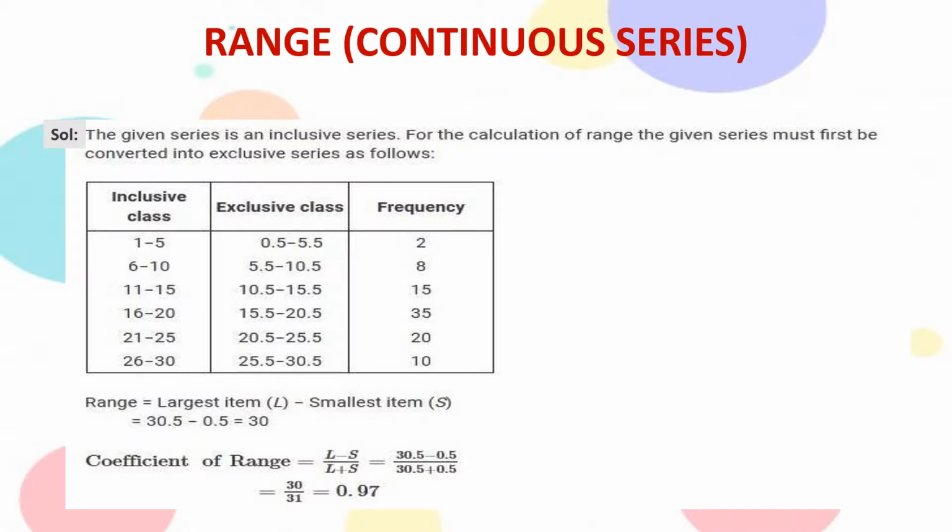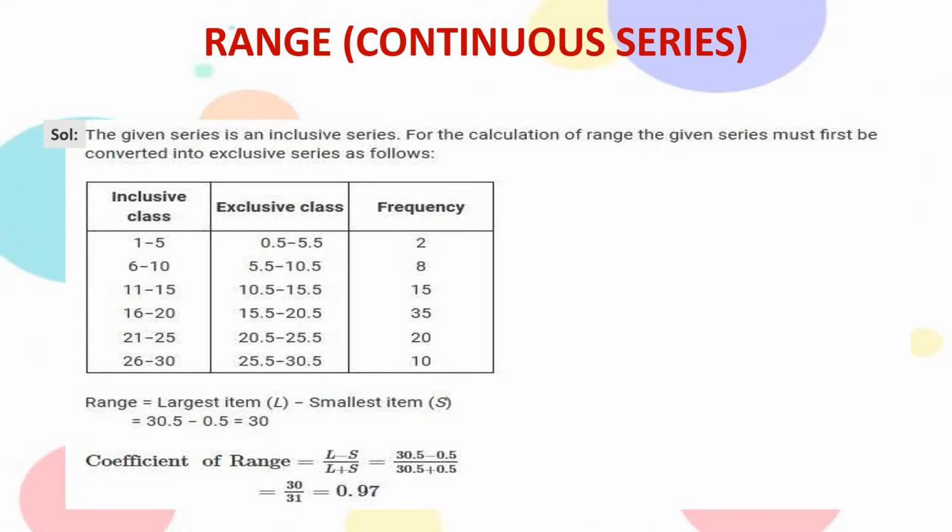That 1 we have to equally share to the lower limit and upper limit without changing the actual class interval. How can we do that is, just simply subtract 0.5 from all the lower limits and add that 0.5 to the upper limits. In case of the first class, when you subtract 0.5 from the lower limit, 1 minus 0.5 gives you 0.5. Next add that 0.5 to the upper limit.